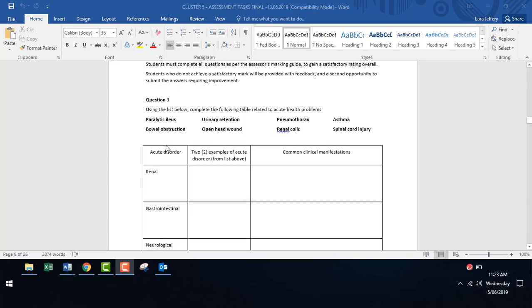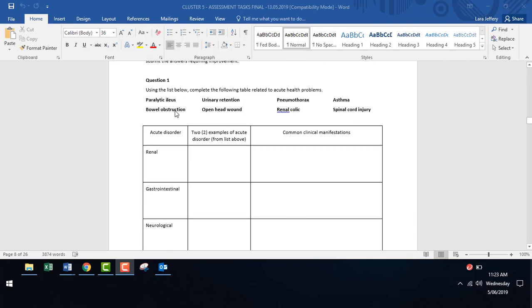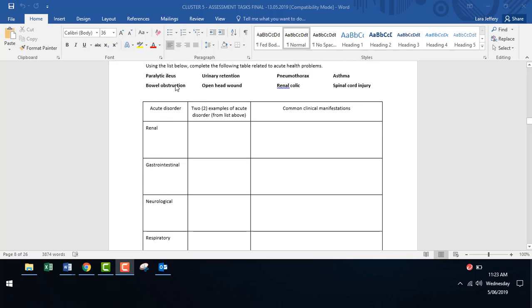Question 1. Utilising the list below, complete the following table related to acute health problems. So we want you to pick, here are the problems and which system here. We want you to use these problems to populate this grid, okay?